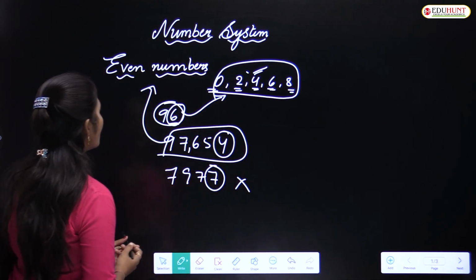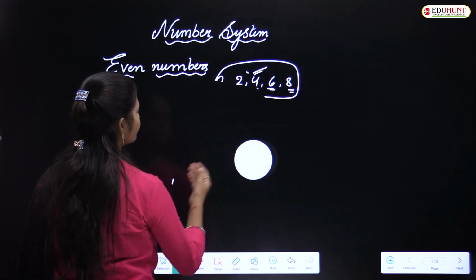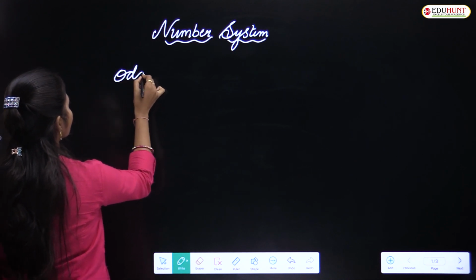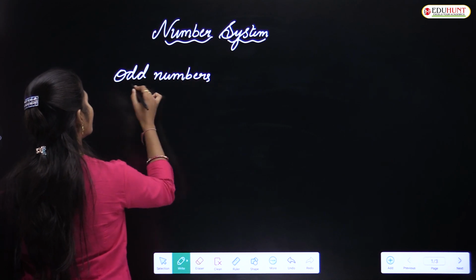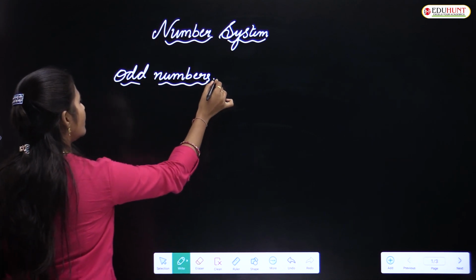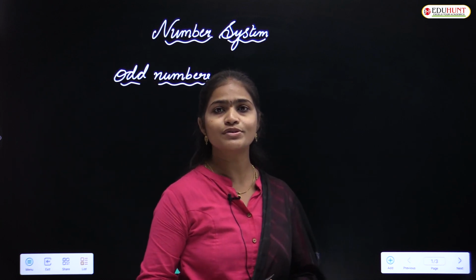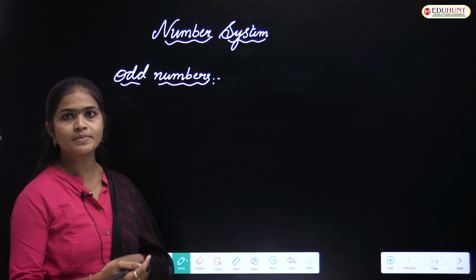Okay, so after even numbers we have odd numbers. Odd numbers means what? What is the definition for even numbers? Which numbers are exactly divisible? Exactly divisible means its remainder should be 0. So odd numbers means it's vice versa.